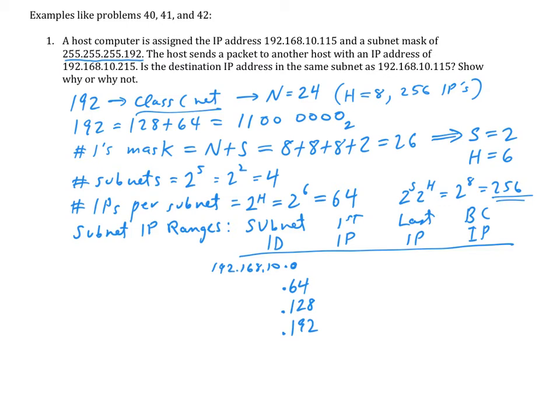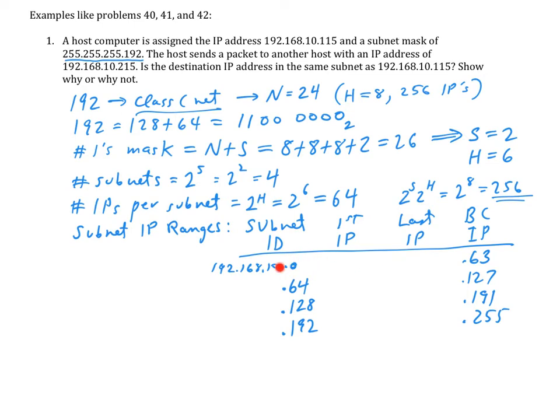The broadcast is one less than the start of the next subnet, or the ID of the next subnet. So the broadcast for subnet number 1 is .63, for subnet number 2 it is .127, here it is .191, and finally .255 is the highest one that we have available. Now we can fill in the first and the last IP.